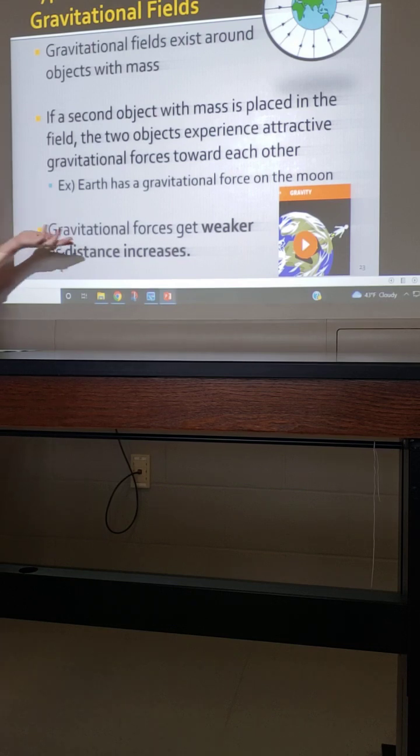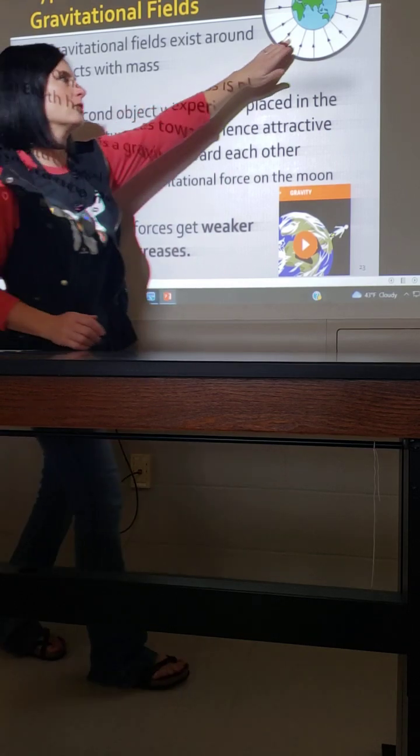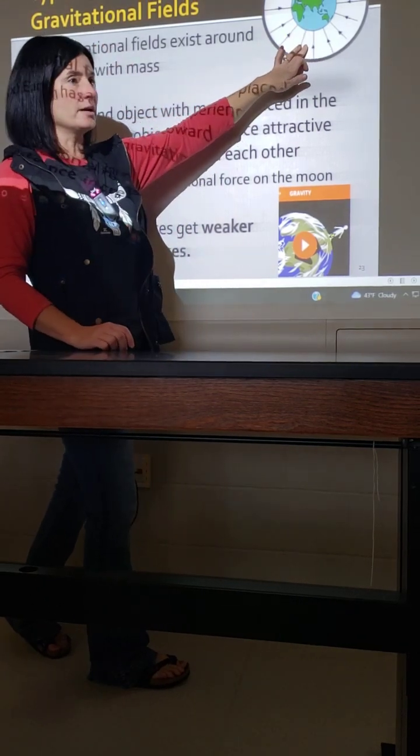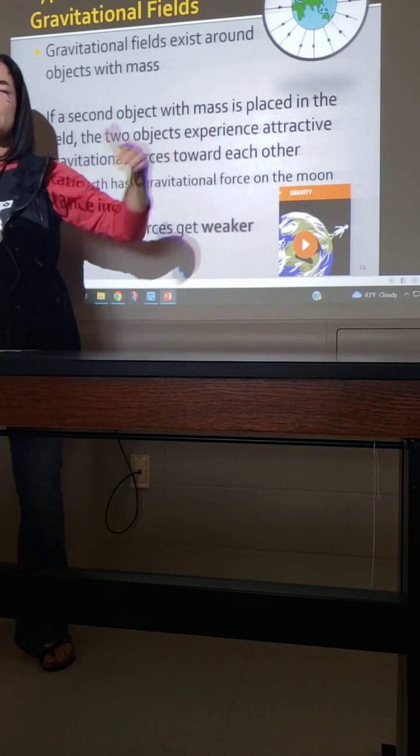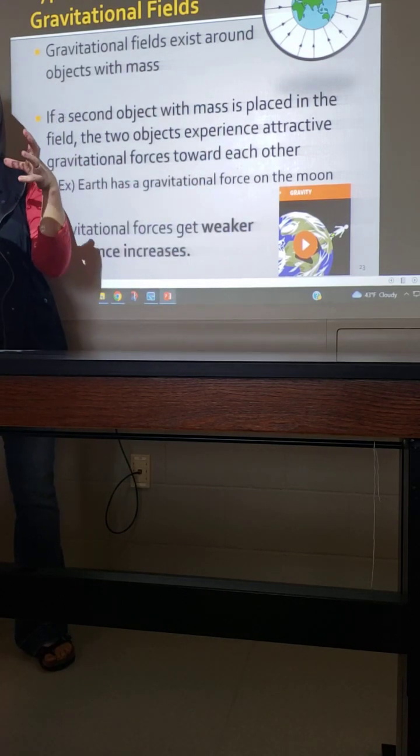And just like every other force field, the gravitational forces weaken as you move away from the object. As we move away from planet Earth, we leave its orbit and we are far enough away that we are no longer being pulled to it.